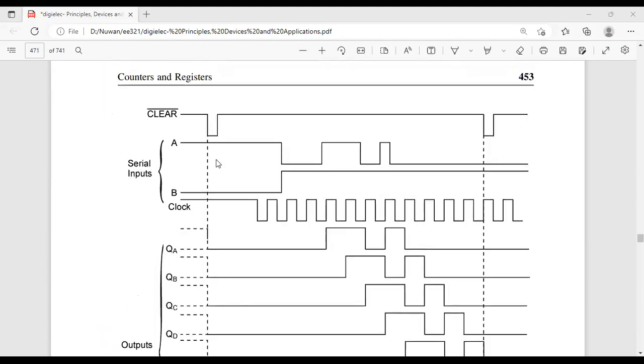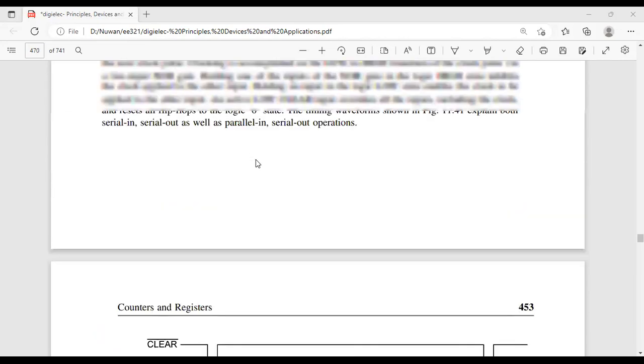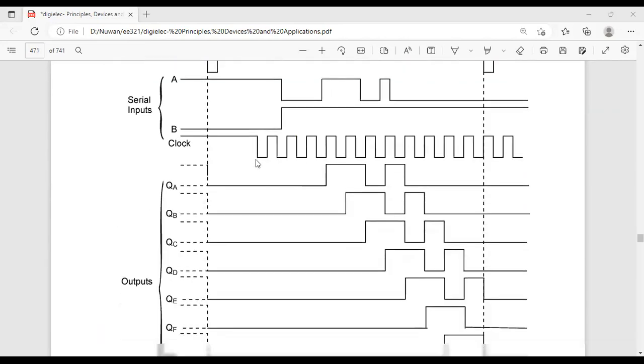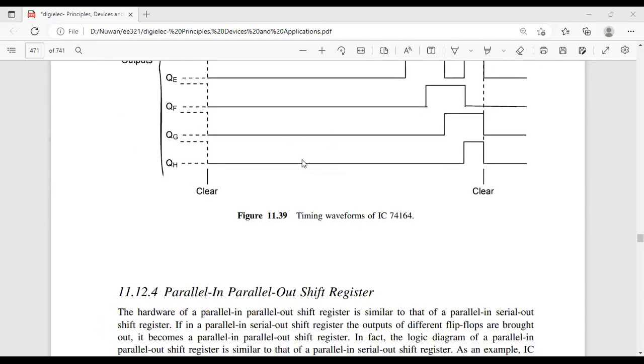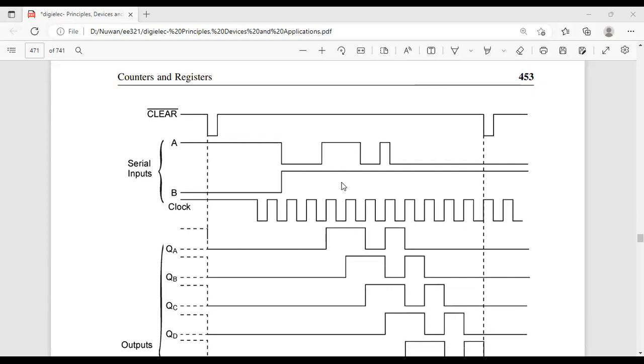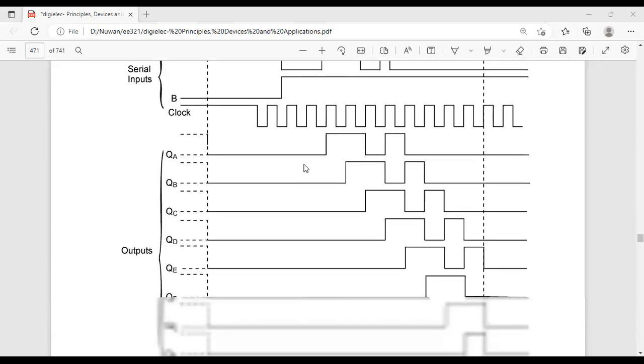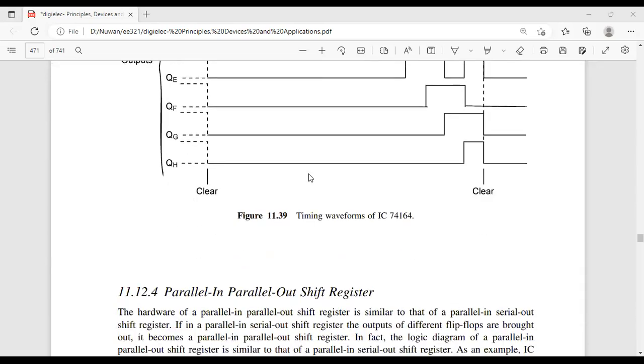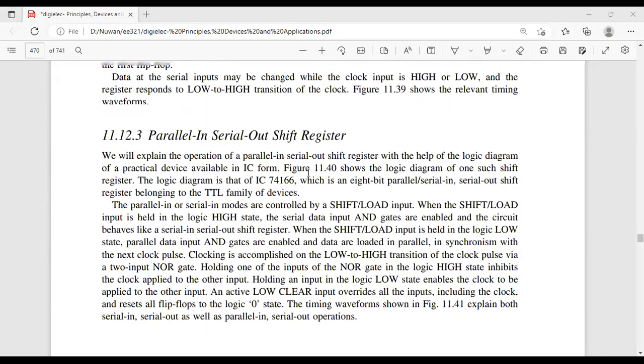I think I have told you how to draw this kind of timing diagram, but in the question you are not asked to draw the timing waveform. So this one is also easy, not much different. We have done this example, I think.